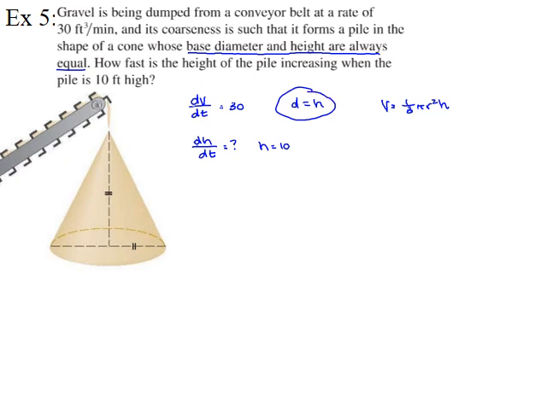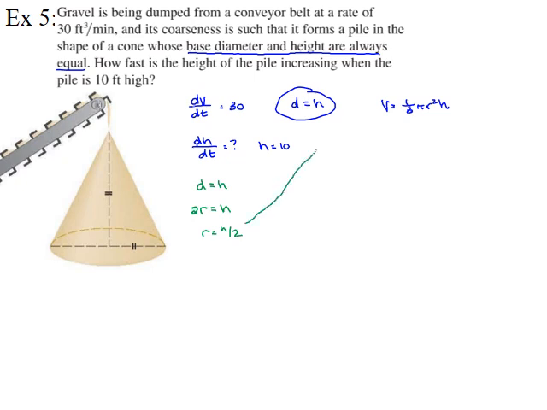So since I know that diameter and height are the same thing, I need to use r though. There's no diameter. So from earlier today, we know that diameter is 2 times r. And to get r by itself, if I divide both sides by 2, I can say that the radius is always equal to half the height.